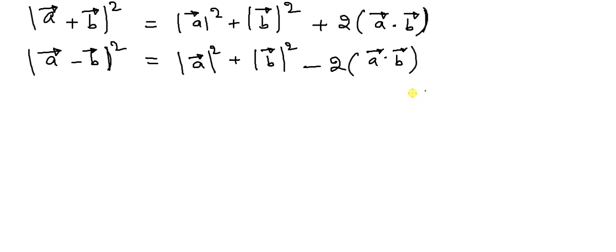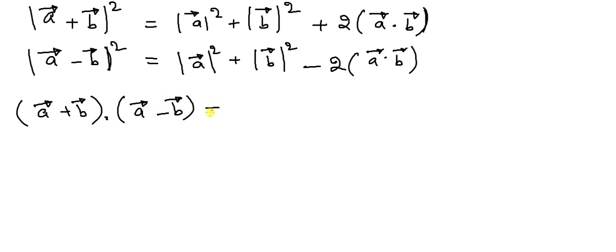This is very easy. Next, if you are asked to multiply addition and subtraction both together, without modulus, a vector plus b vector in brackets, dot product, a vector minus b vector in brackets, that will give out to you a vector mod whole square minus b vector mod whole square. Okay, this is simple, just general maths that you must be knowing before class 10th.